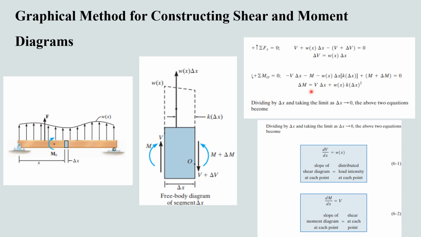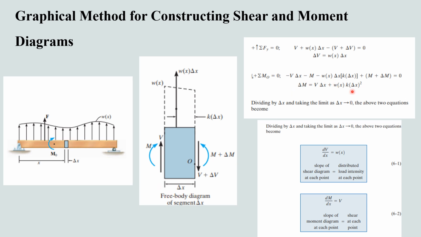If we take the summation of moment at point O, we can apply the respective moment arms to these loadings. For the shear on this left face, the moment arm is delta x.